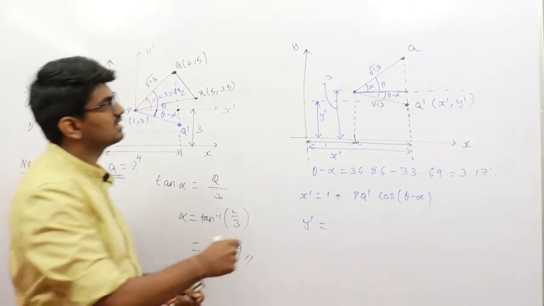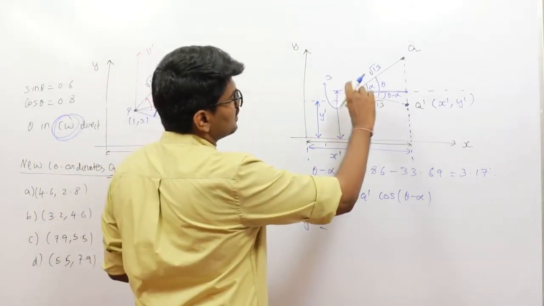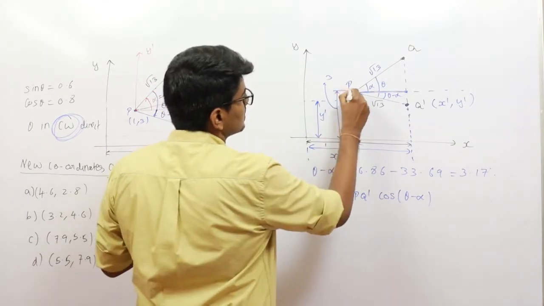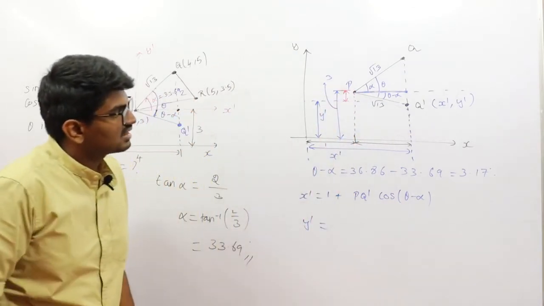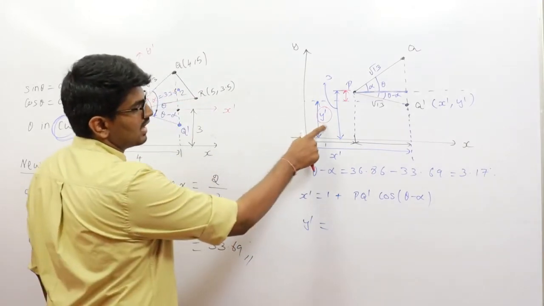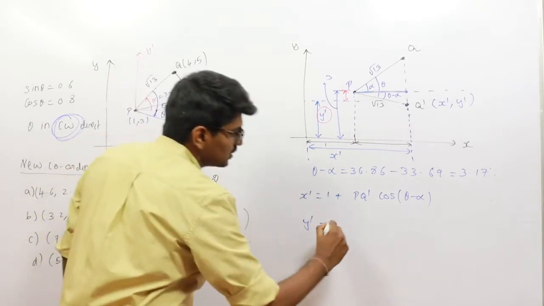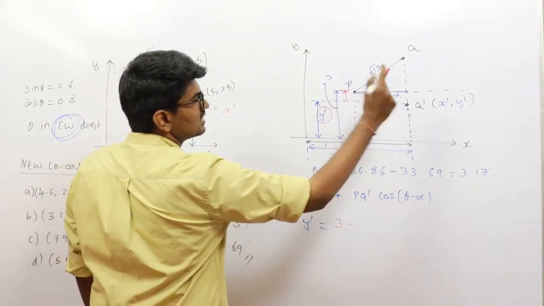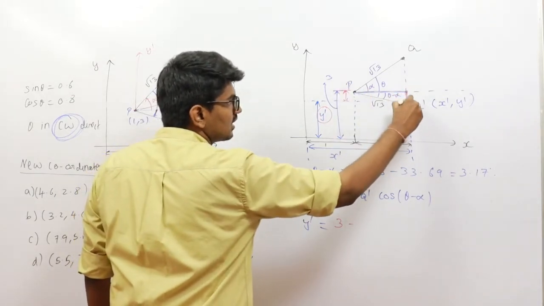So this is 3, and if I subtract this small distance from 3, then I can easily find y dash. So y dash is nothing but this total minus this small distance.